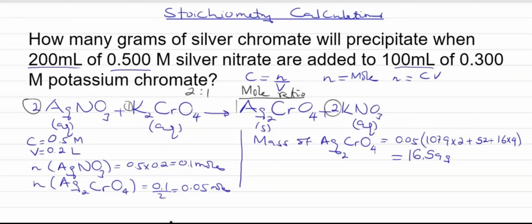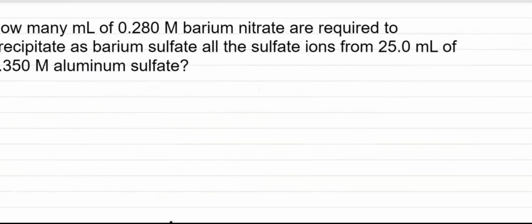And to find the mass, we multiply by the molar mass, and that is the mass of silver chromate that will precipitate when these two soluble salts are mixed. Let's have a look at another example based on this concept.